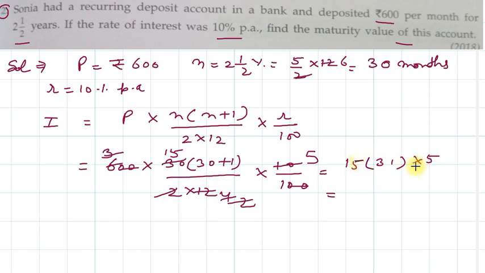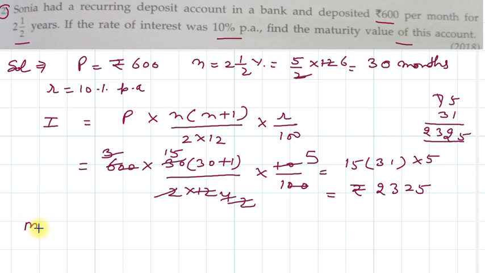So 15 5s are 75, 75 we will multiply by 31, right? 5 1s are 5, 7 1s are 7, 5 3s are 15, 15 plus 7 is 22, 7 3s are 21 plus 2 is 23. So our interest has become 2325, right?